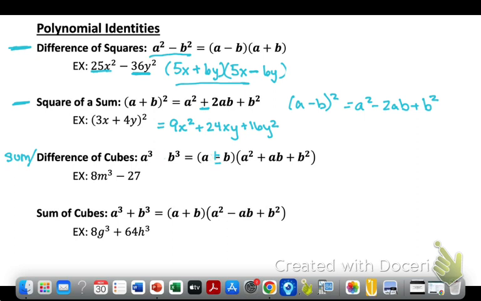Let me write the signs not over the black. That's kind of confusing, isn't it? Then you don't have to write it twice. It's always helpful, isn't it?